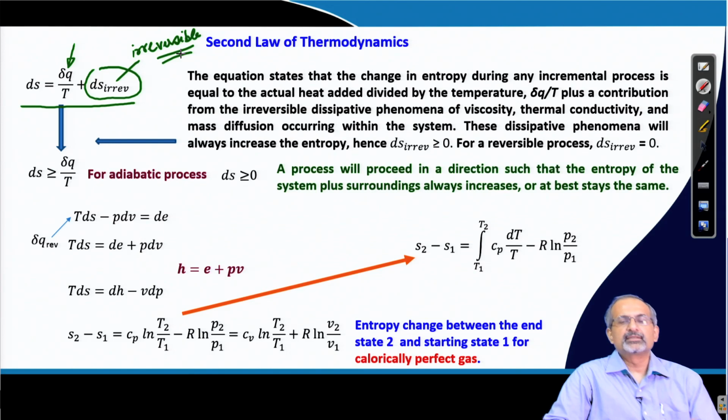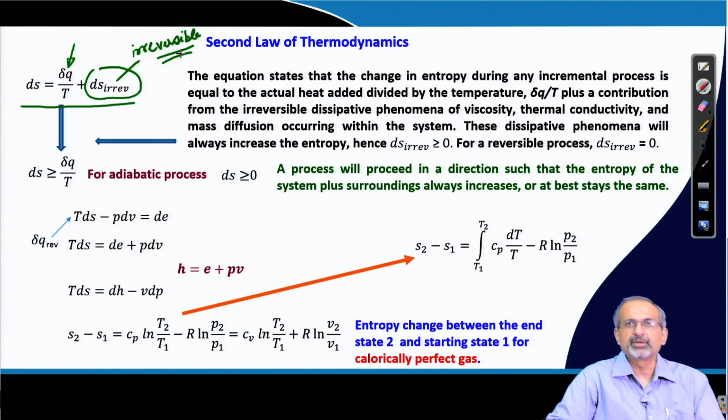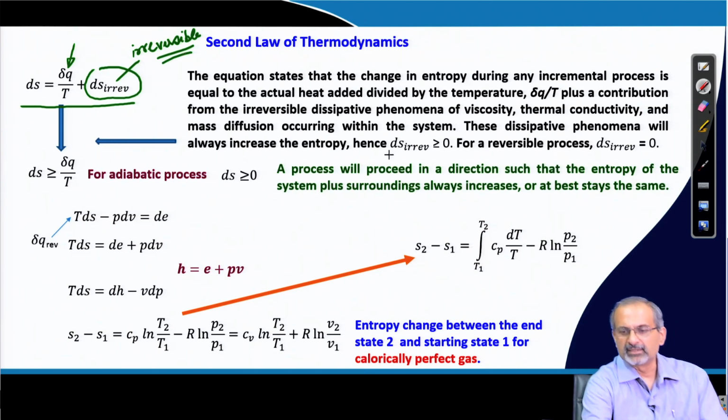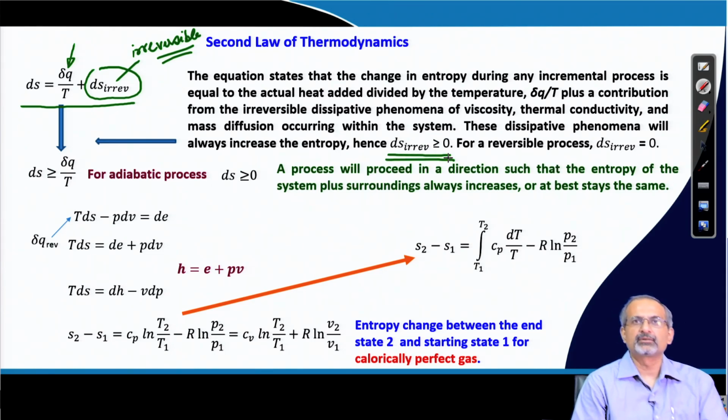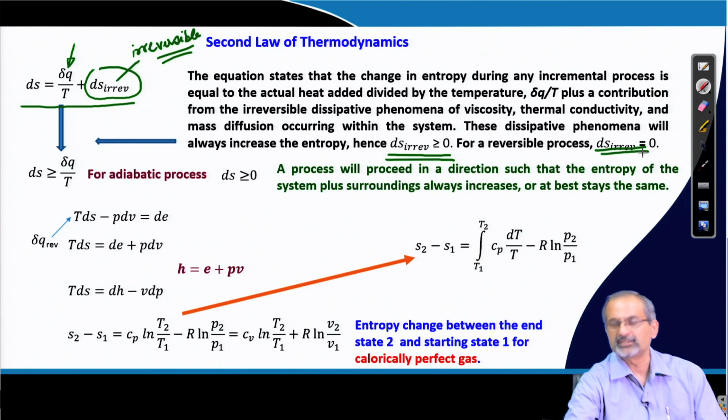Remember that when we were discussing about a completely reversible process, then we said that these irreversibilities cannot exist in such a process. However, here we are keeping the possibility alive. So, these dissipative phenomena will always increase the entropy, and hence the ds irreversible is always greater than equal to 0, it can never be less than 0. However, for a reversible process, that part of the entropy change will go to 0.